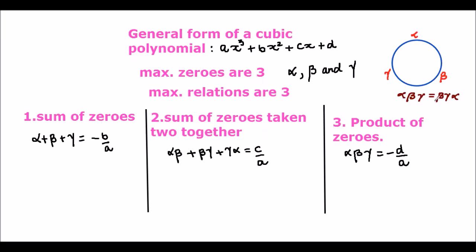So they are just the same, children. Whenever repetition occurs, we stop writing. Therefore, the third relation reduces to alpha beta gamma only, and this will be equal to minus d by a.